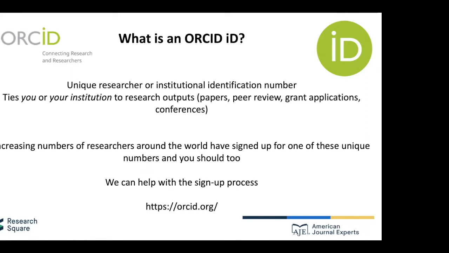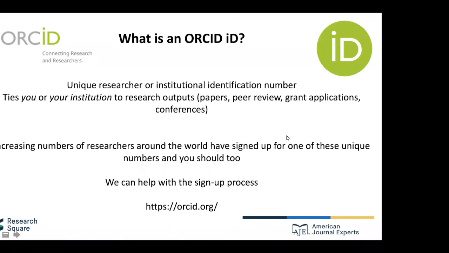So building out the information that you should have ready to submit when you put your paper into a system, an ORCID ID is very important. ORCID.org is a not-for-profit charitable organization that provides a unique researcher or institutional identification number that ties you or your institution. Your institution may also have an ORCID account. When you sign up your ORCID ID, it will tie you to your institution.